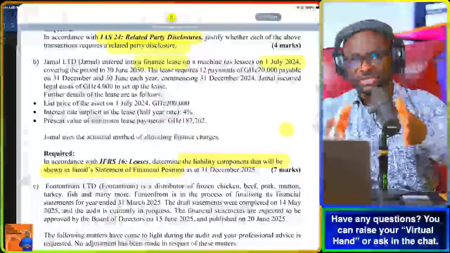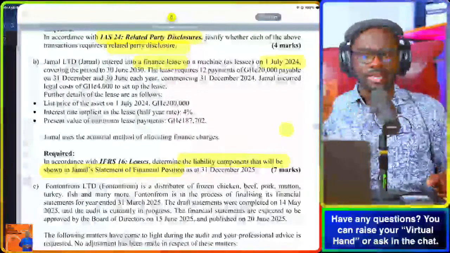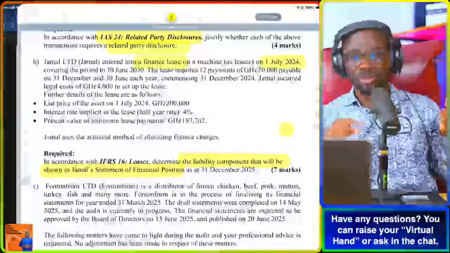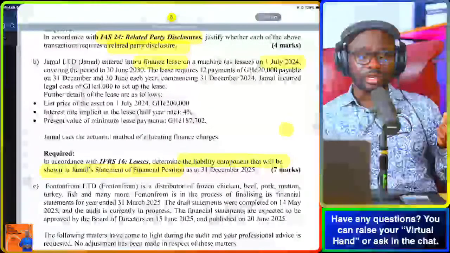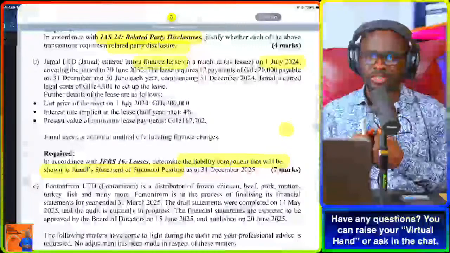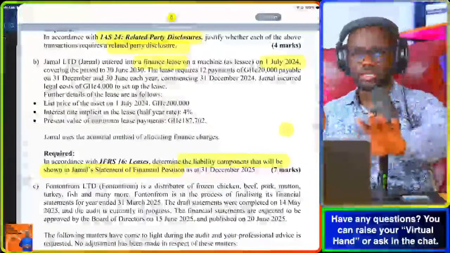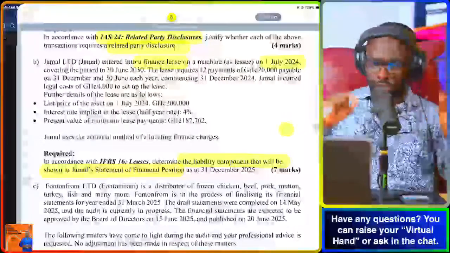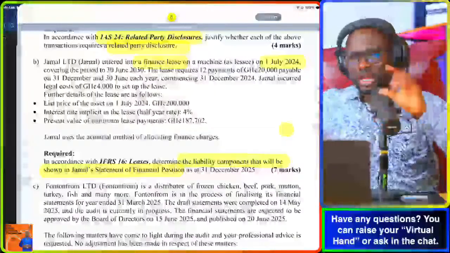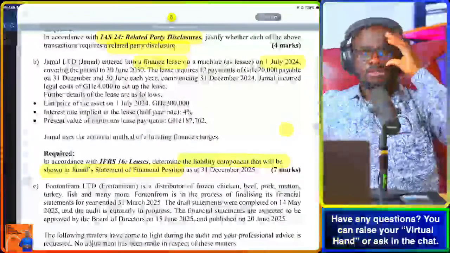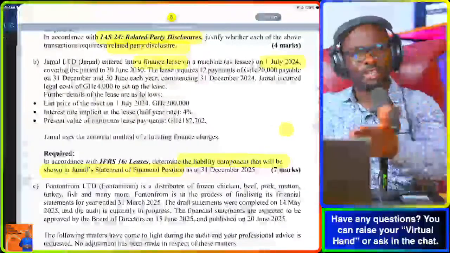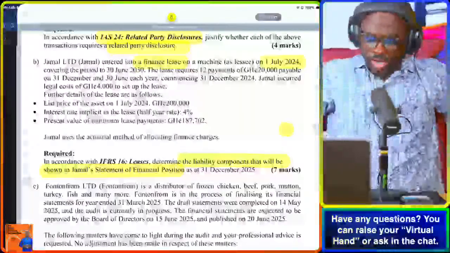But that is what you must understand, because under IFRS 16, it is the lessor who classifies the lease as to whether it's a finance lease or operating lease. The lessee has no business doing the classification. So just a clarity. I'm not saying the question is wrong. I'm just letting you understand the spirit of the standard, because sometimes the question can have some nuances, and if you think critically about it, you'll be like, why is the examiner doing it? Just overlook it and go to the context of the question and go away.